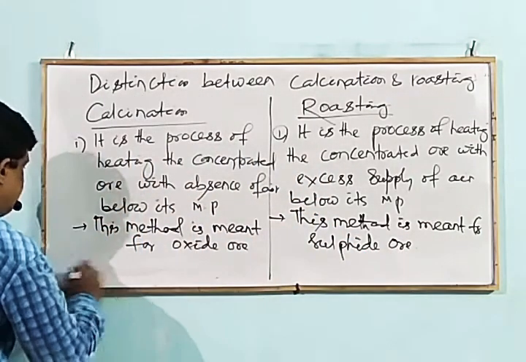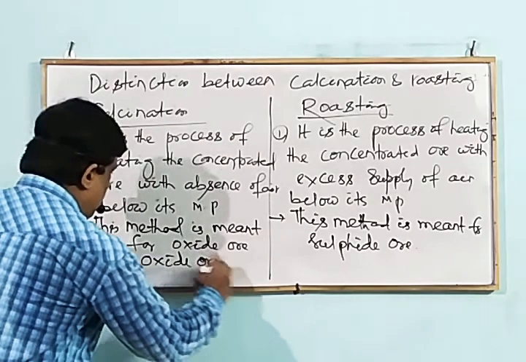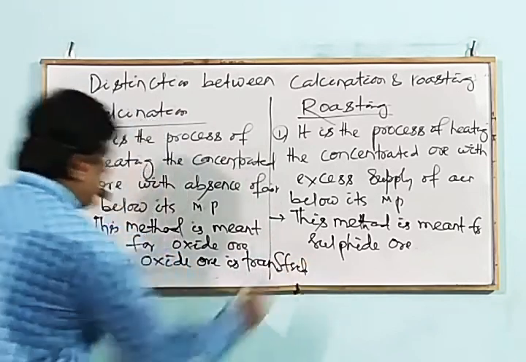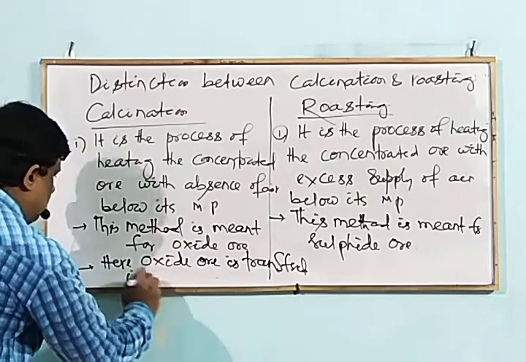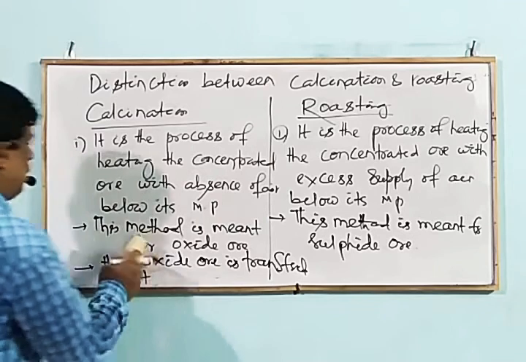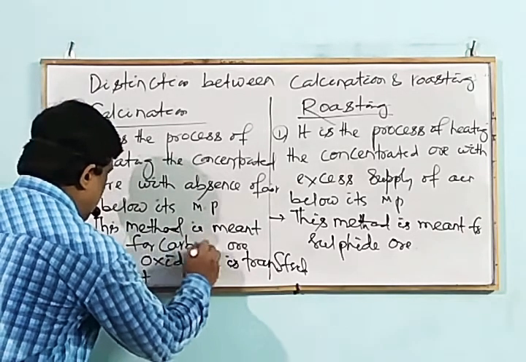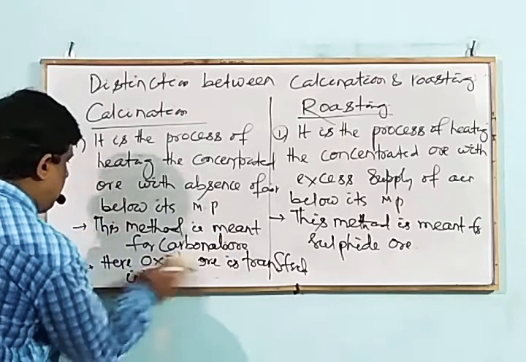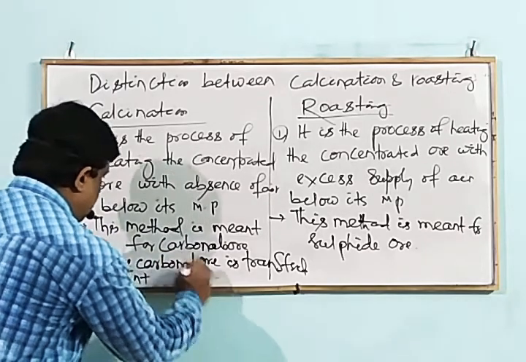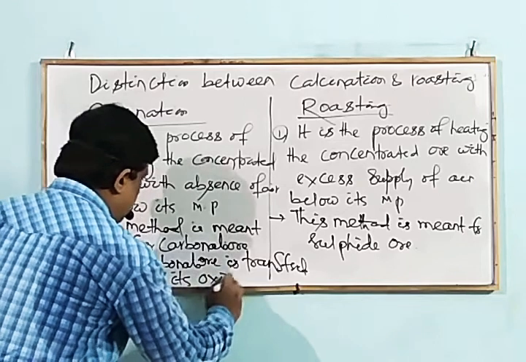Point 3: here carbonate ore is transferred into its oxide form.